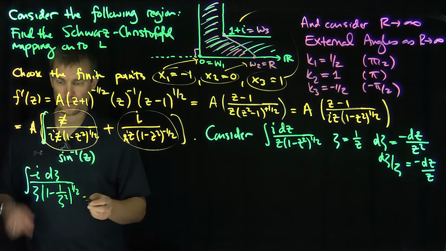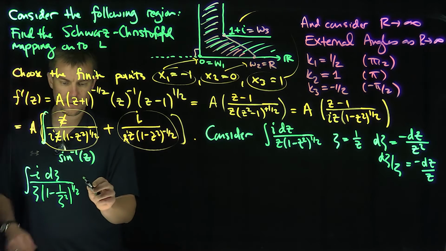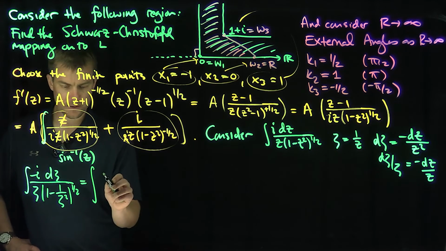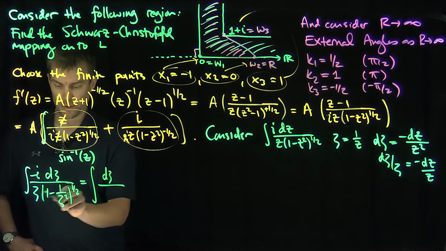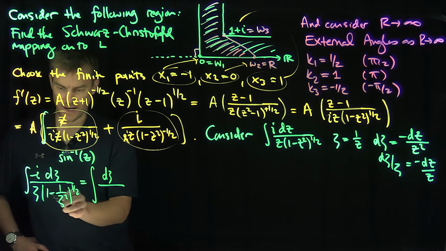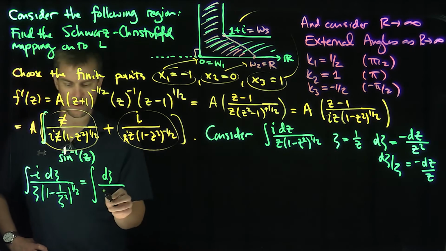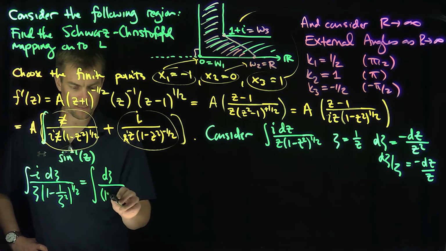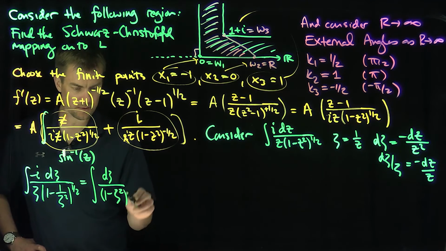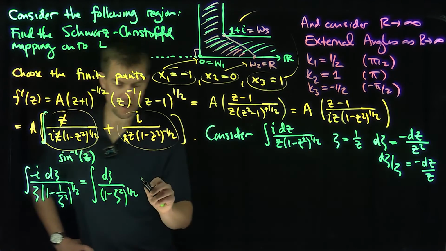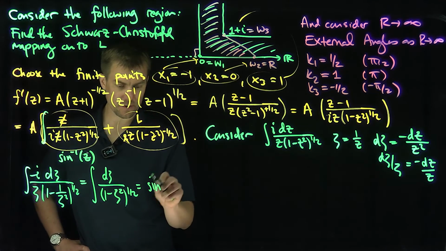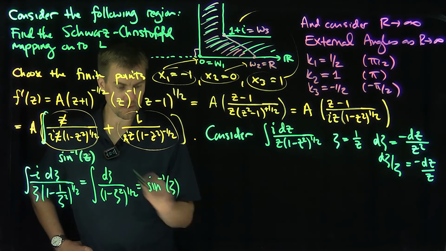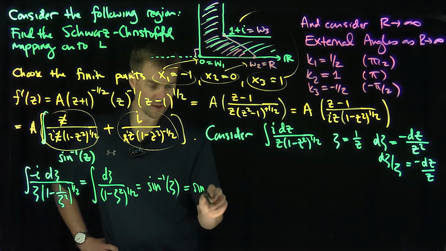So what I'm going to do is put that i in the denominator, and you get the integral of d zeta over, pull that inside now. If I do, I have a zeta squared minus 1, put the i back in there, and you're going to get a 1 minus zeta squared to the 1/2 power. Beautiful. And that's going to integrate to the sine inverse of zeta, which is the sine inverse of 1 over z.